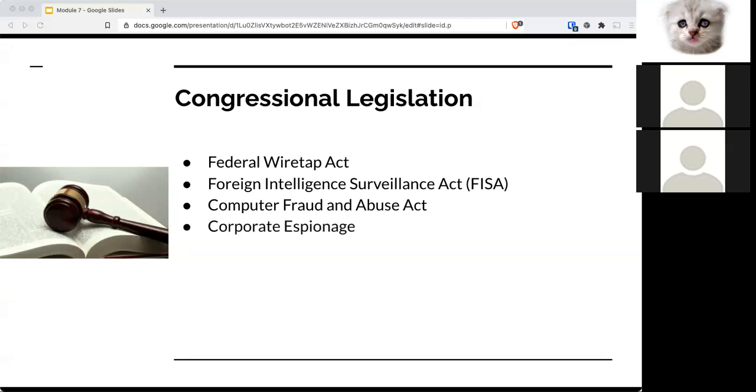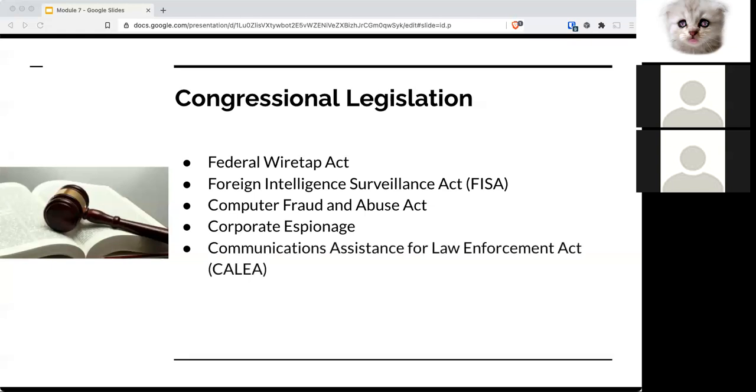There is a portion of the corporate espionage law in your lecture notes, along with a few others that are important in that realm.